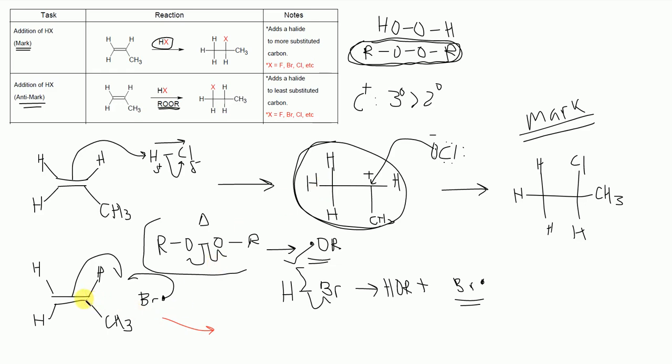Over here, I have a half reaction. I'm forming a radical on one of the carbons. So which carbon am I forming the radical on, right? So one carbon is going to get the Br, the other one's going to get the radical. So the one that's going to get the radical is the most substituted one. Let me draw the arrow like this over here, just so everyone sees.